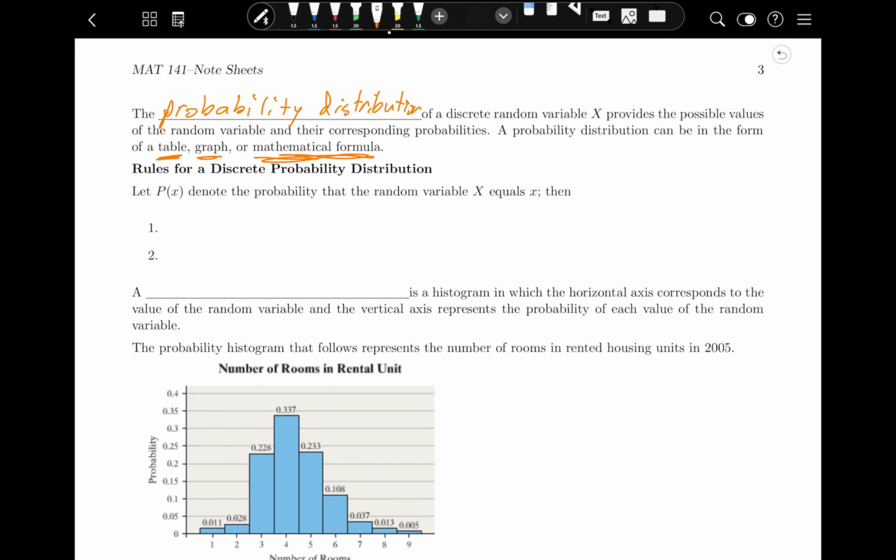In order for P of x to denote the probability of a random variable x equals x, the following have to be true: the sum of all the probabilities has to add up to 1, and each individual probability has to be between 0 and 1. Those are the same rules for a regular probability distribution, so we're just reviewing that. That was in chapter 5.